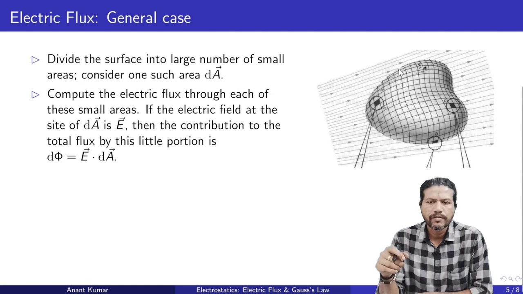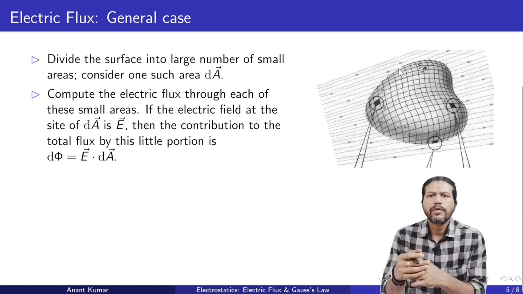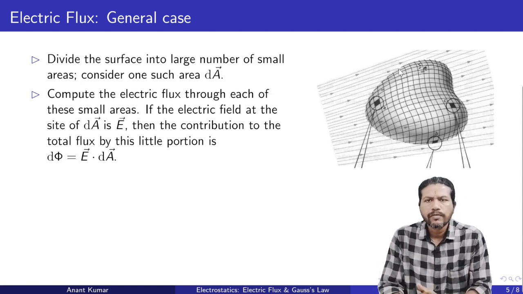Fine. So I compute E dot dA for each of those little parts, and then I need to add them up. Obviously in this case the summation is not exactly a discrete sum, but rather a continuous sum. So instead of a sum, we need to use an integral.